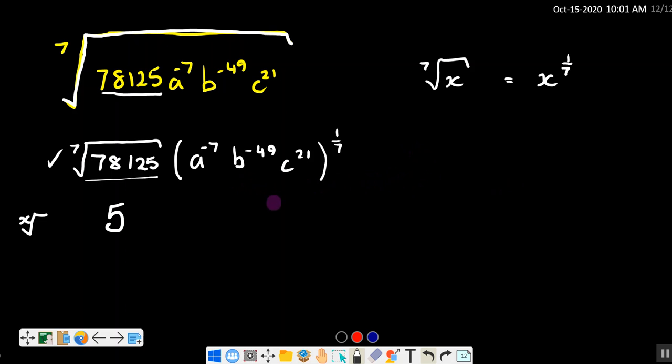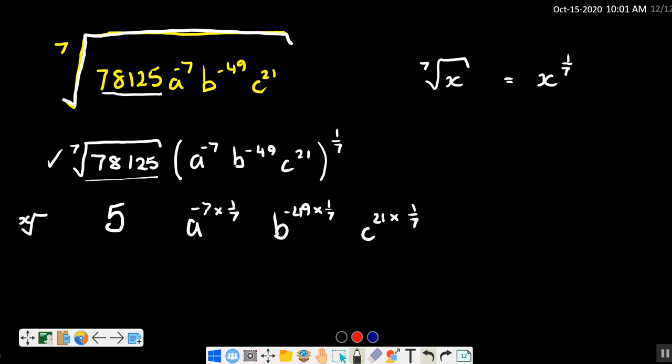Multiply. So we get a to the power of -7 times 1/7, then b to the power of -49 times 1/7, and c to the power of 21 times 1/7.